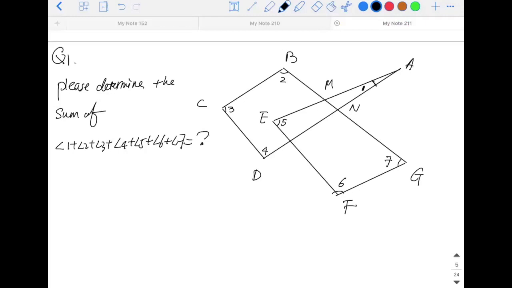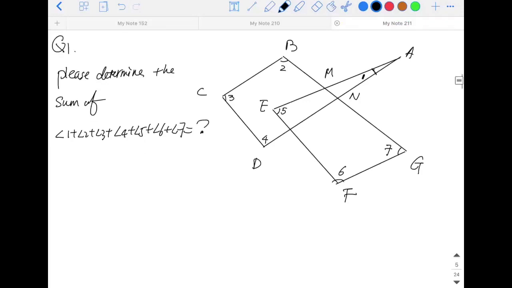Okay, this is an easy peasy warm-up question. I give you a weird shape, and I give you all the angles one after another, and then I ask you to determine the total sum of angle 1 all the way to angle 7. Think about it. What are you going to do whenever you see such a problem?